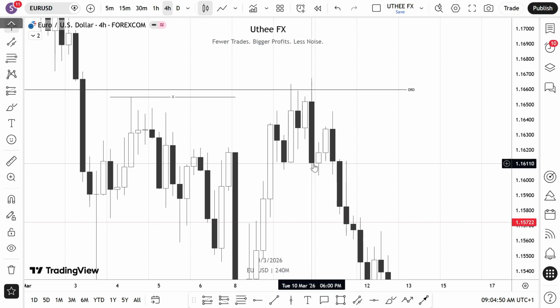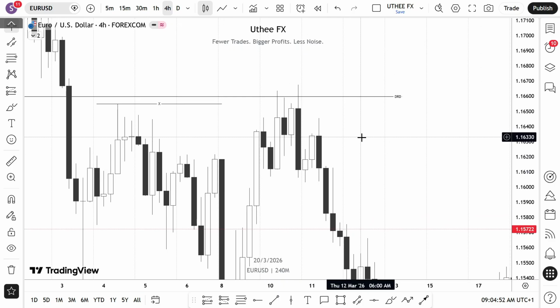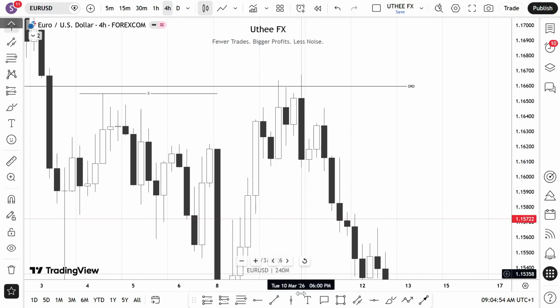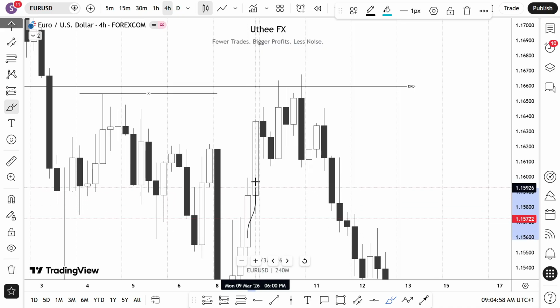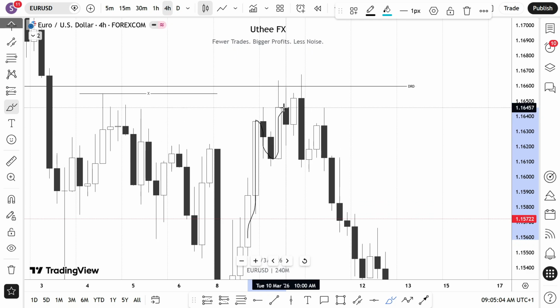Do you get? Now what I want you to check is what price was doing as it came. Price came here, pulled back, expanded again, then broke, pulled back like this, and kept coming like this.